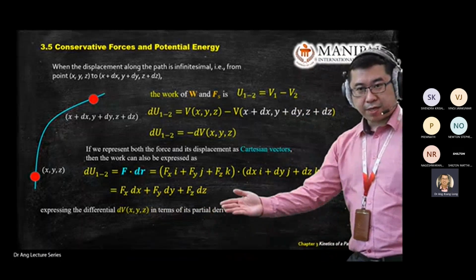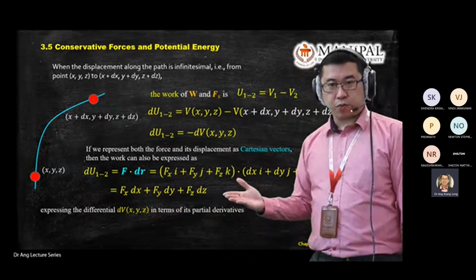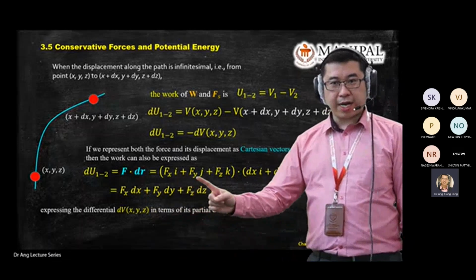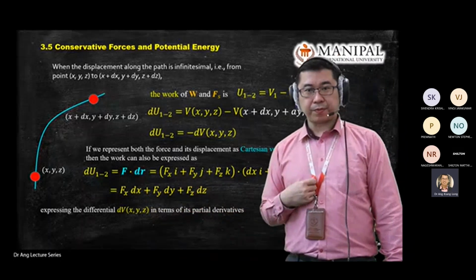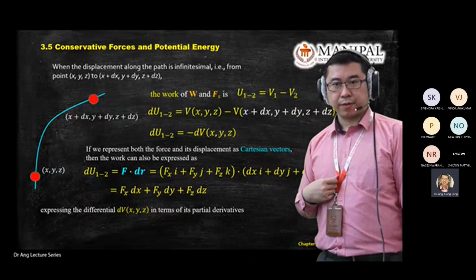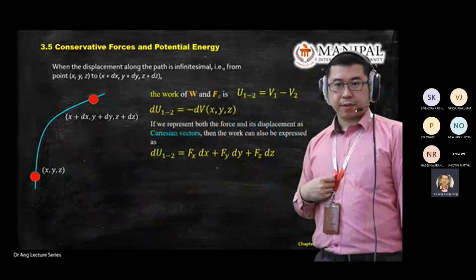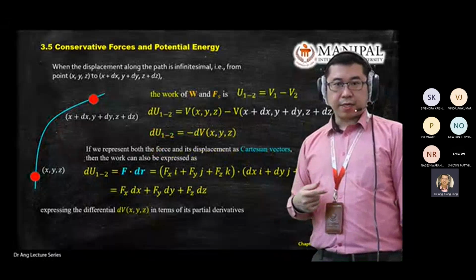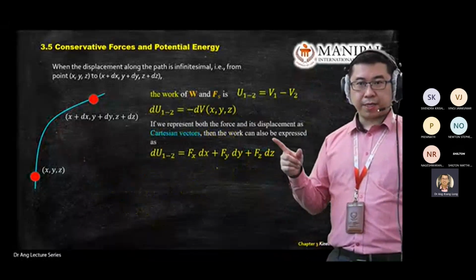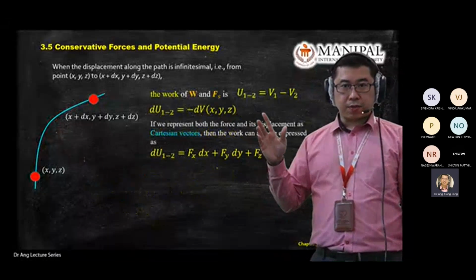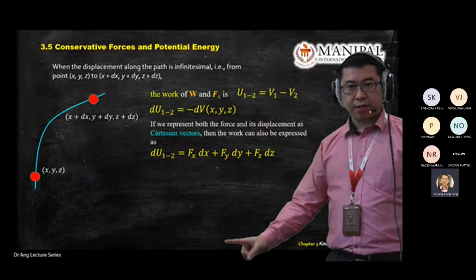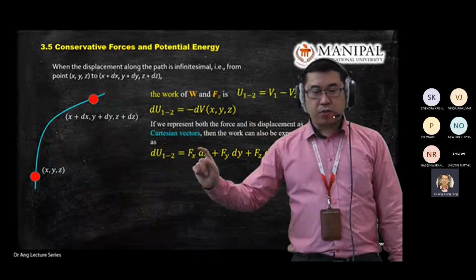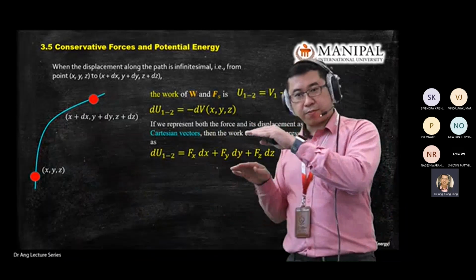So when you have three-dimensional cases, you use ijk to represent the scenario. Okay, so I pull the equation up a little bit. So we have dU equal to this equation. dU is work, force and displacement.